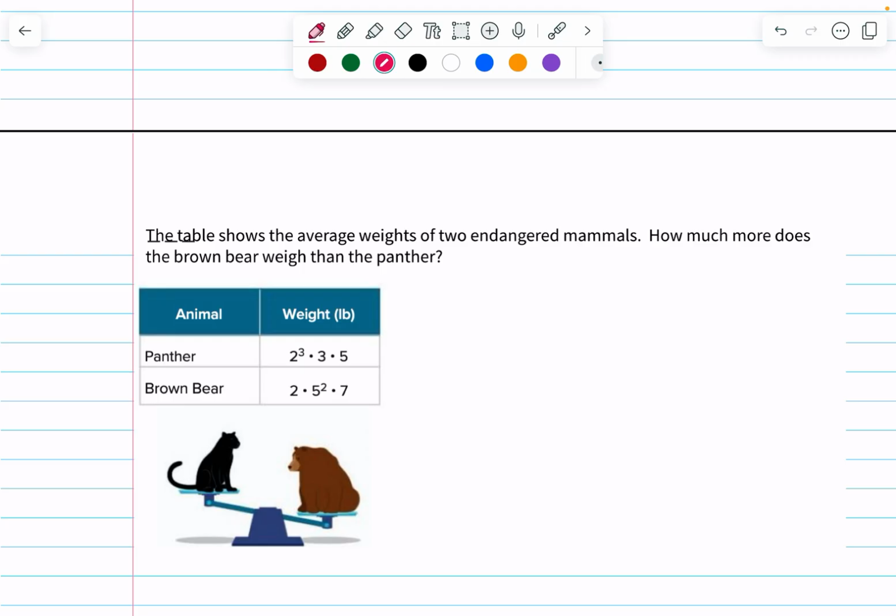Okay, so what I'm going to do here is I am going to multiply. So 2 to the power of 3, we know that that is 8.